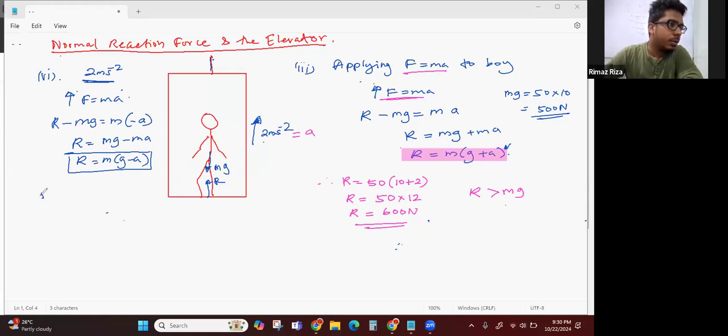Okay, so now the lift is moving vertically downward.